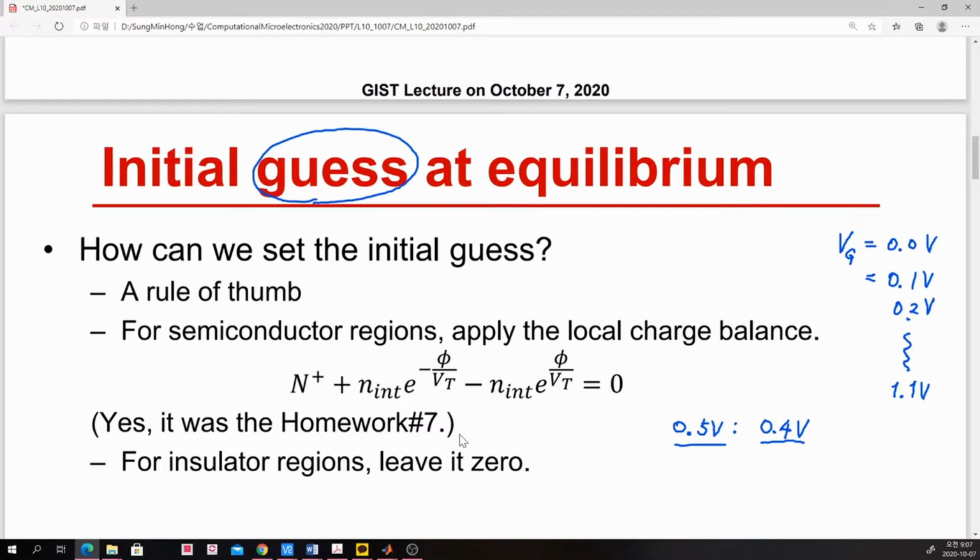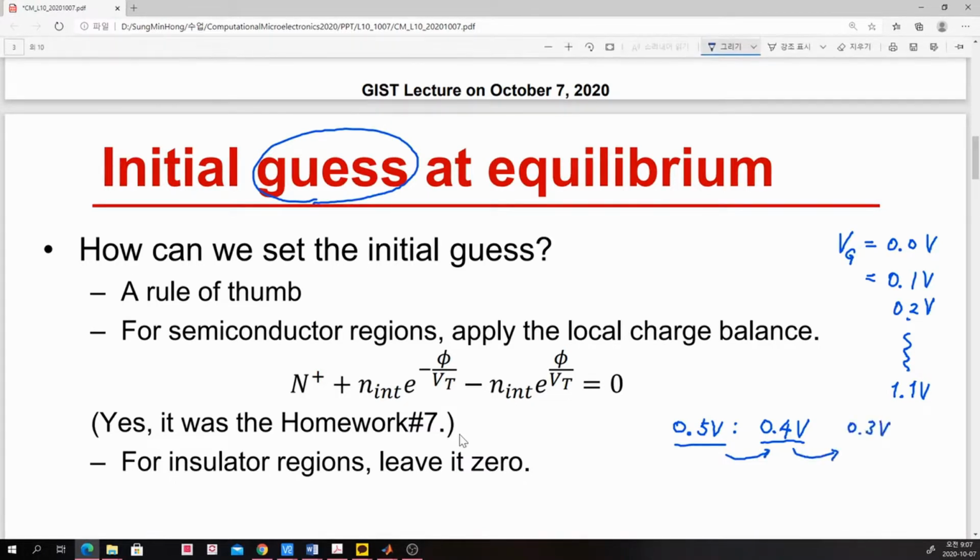So, in order to solve 0.5 volt, we need 0.4 volt. Then for 0.4 volt, we need 0.3 volt. If we just repeat this procedure, then we reach the origin of this chain. That will be, for example, 0.0 volt.